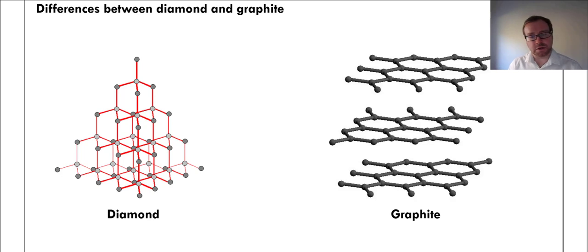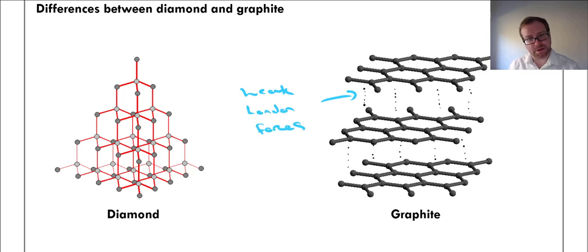On this, we're just going to draw our London forces. We have these weak forces between the layers, so we still have some force of attraction between the layers, which means it's held together, but they are weak. So we call these weak London forces.